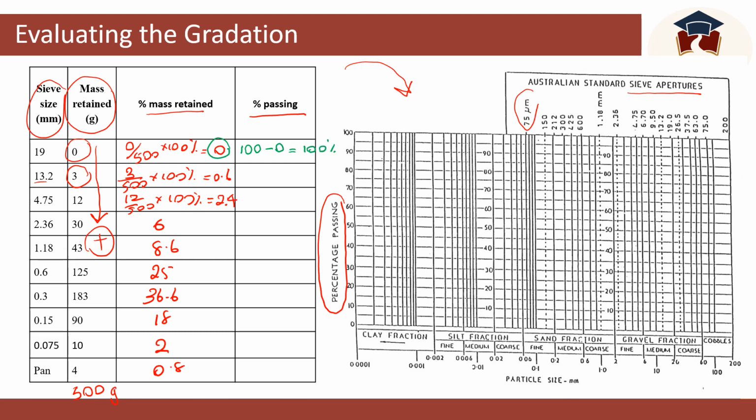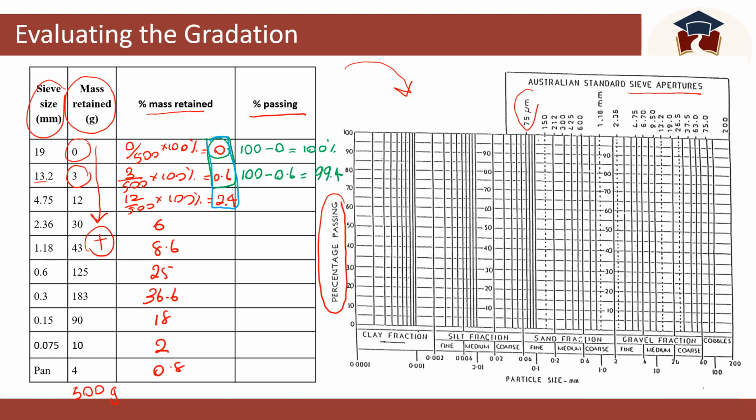When you go to the next sieve, the percentage passed will be 100 minus both of these. That will be 100 minus 0.6 minus 0. So this will be 99.4%. When you go to the next one, that will be 100 minus all 3 of these.